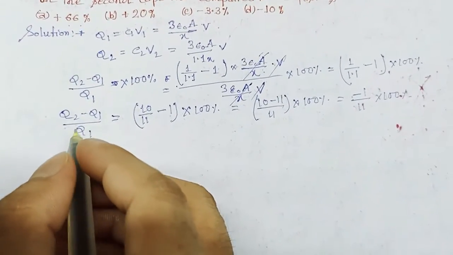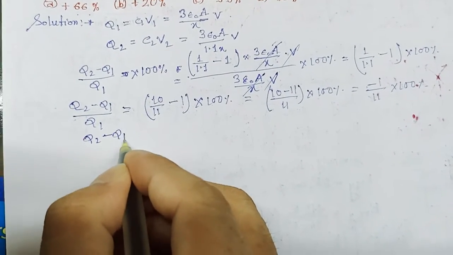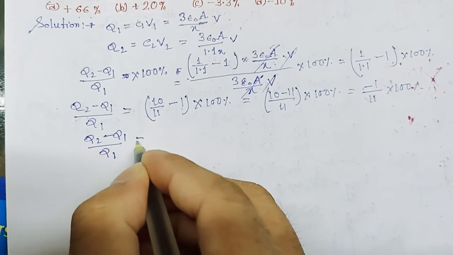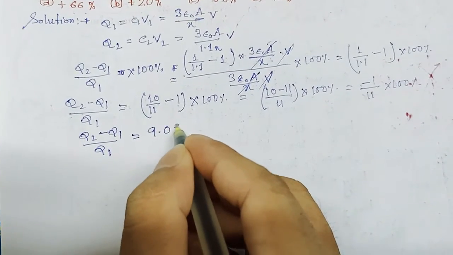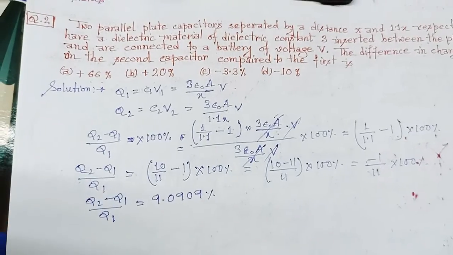Therefore, the value of (Q2 minus Q1) divided by Q1 will be equal to minus 9.0909%.